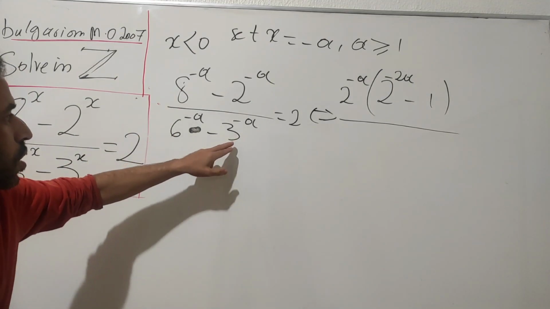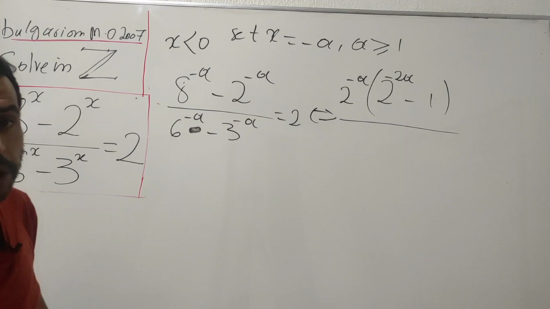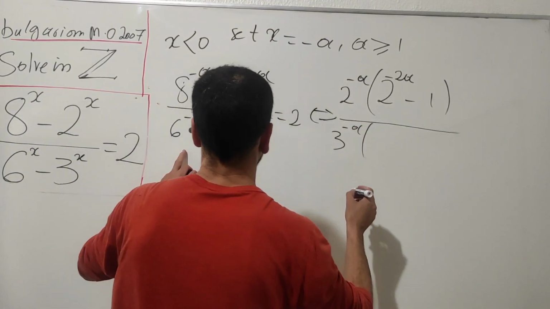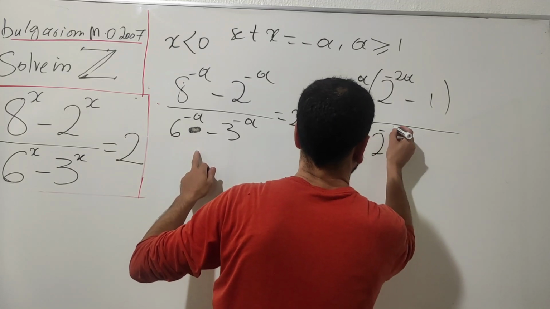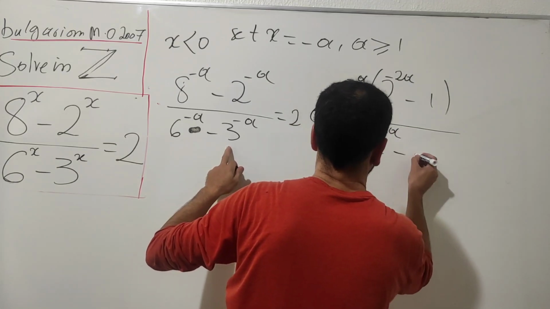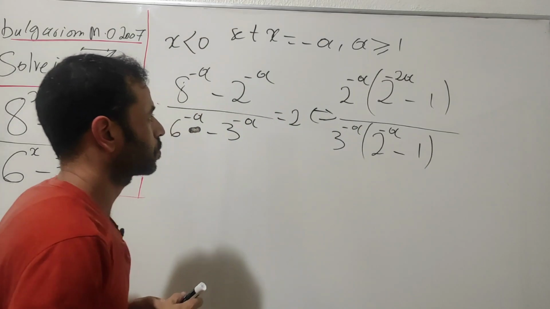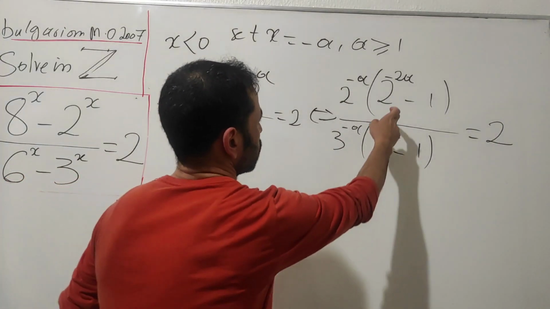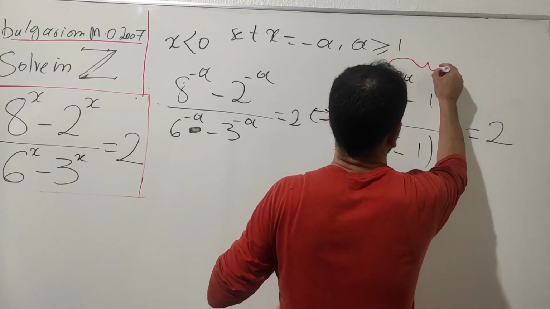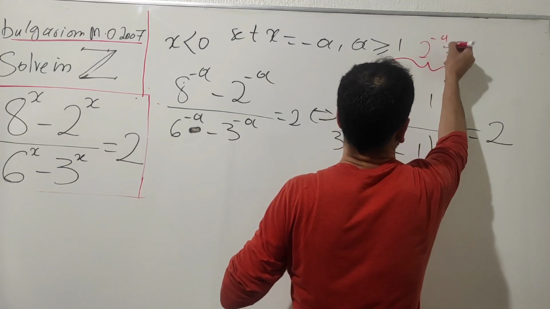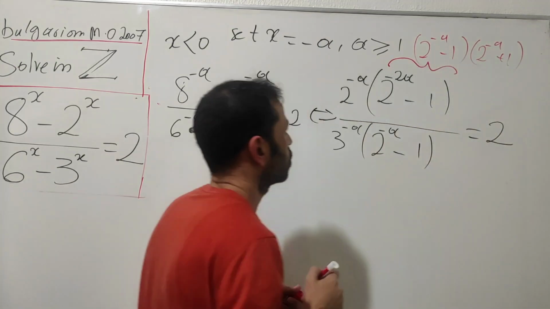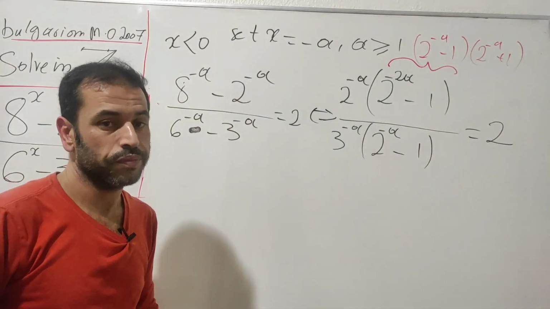So I'm going to take 3 to the minus a as a common factor as well here. So we'll have the following. I get 3 to the minus a factor 2 to the minus a minus number 1, like this, which equals number 2. So as you know, this one becomes 2 to the minus a minus 1 factor 2 to the minus a plus number 1, because I have a difference of two squares.